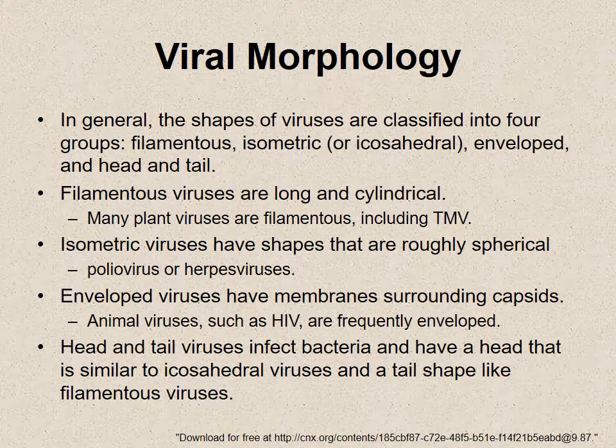Enveloped viruses have membranes surrounding capsids. This includes animal viruses like HIV. And then there's head and tail viruses that infect bacteria and have a head that is similar to an icosahedral virus and a tail shape like a filamentous virus.